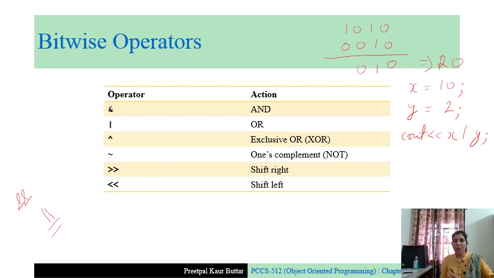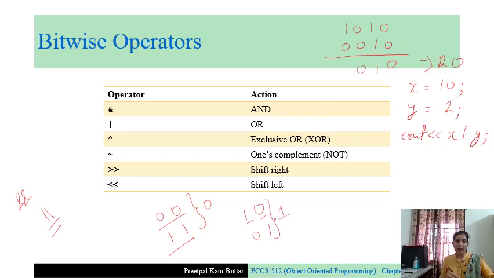Next we have exclusive OR, or XOR. In XOR, if both the values are the same, for example 0 and 0, or both the values are 1 and 1, then the result is 0. But if the values are different, one of them is 1 and the other one is 0, then the result is true.